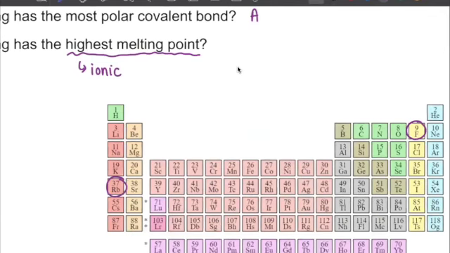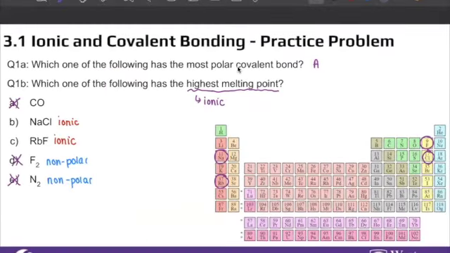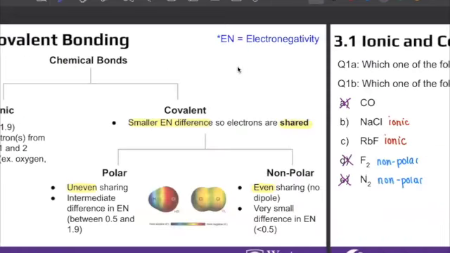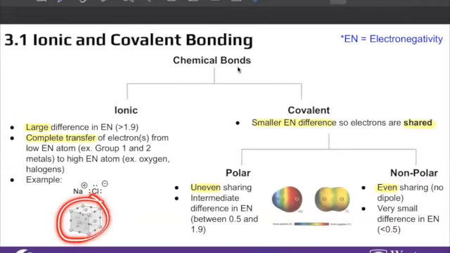In comparison, Na and Cl are very similar in size because they're both in row 3. And so what does that mean for our lattice?